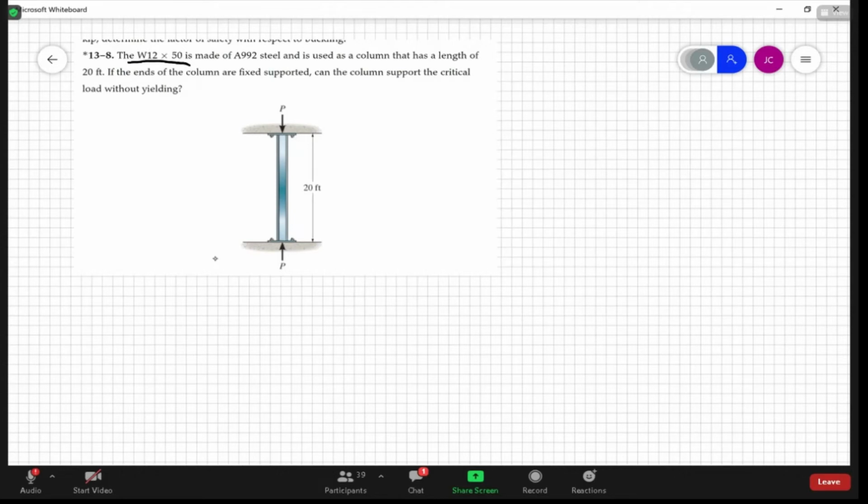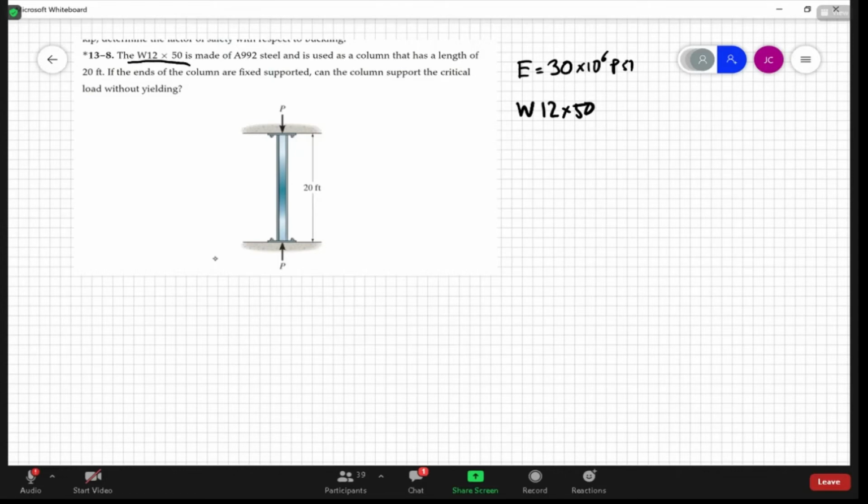made out of ASTM A992 steel. Steel means Young's modulus is 30 times 10 to the 6th psi. Since we know it's a W12x50 beam, we can look that up in the same table we used last time, in the back of your book. I think it's Appendix C. Let me pull it up.